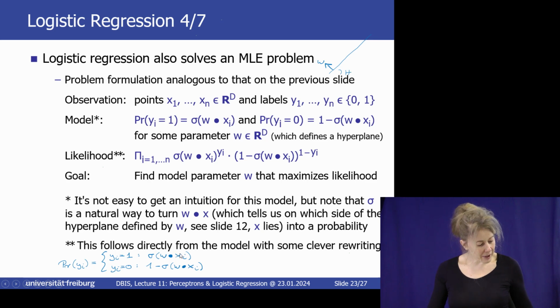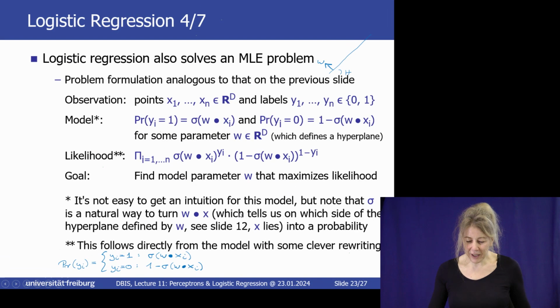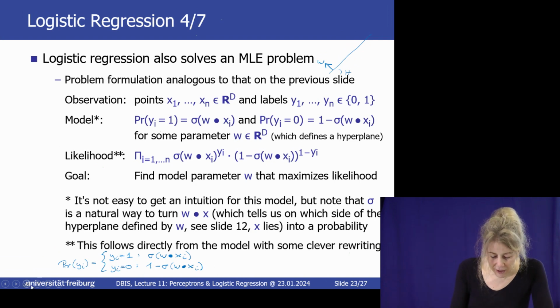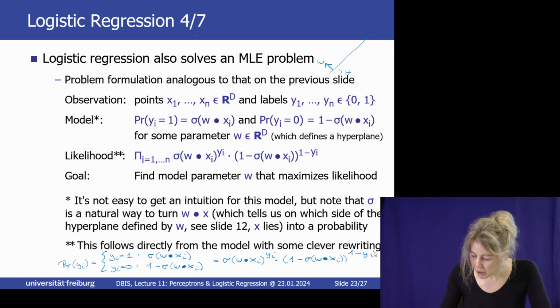If you compare it again to the previous slide, there I didn't have such a thing. Now I have a case: if it's this label, it's that; if it's that label, it's that. And the nice thing is I can write this as one expression, and that's very strange, but yes, I can do it: sigma to the power yi times 1 minus sigma to the power 1 minus yi.